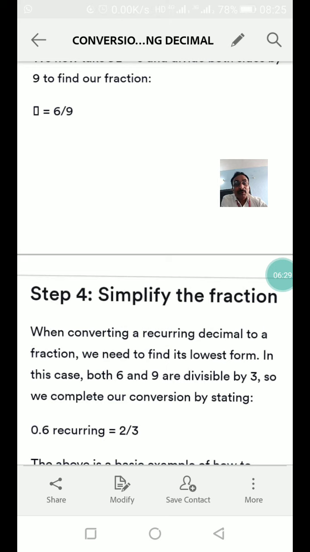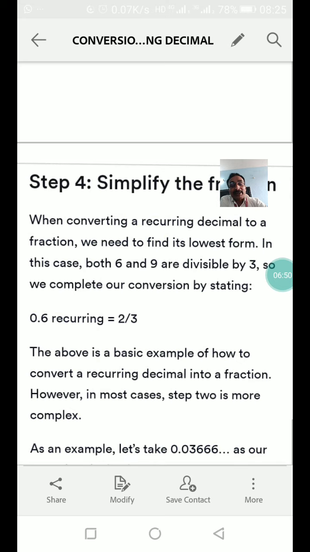First you find the HCF of numerator and denominator. Here the HCF of 6 and 9 is 3. After this you divide 6 by 3 and 9 by 3, and you get x equal to 2 by 3. The above is a basic example of how to convert a recurring decimal into a fraction.